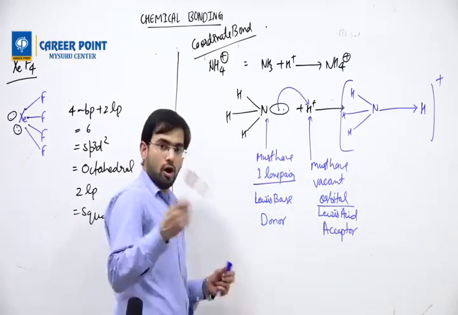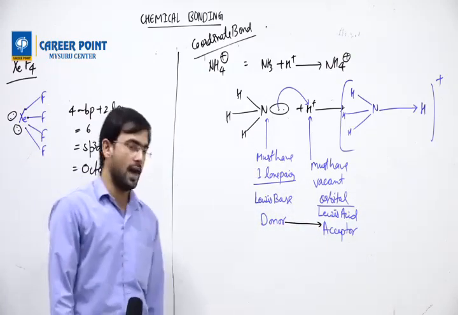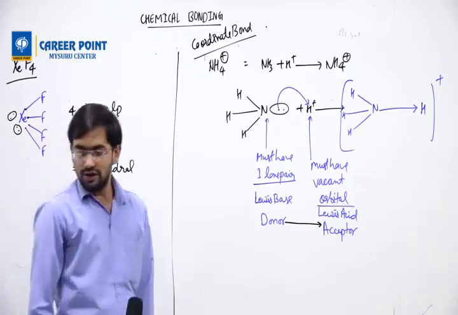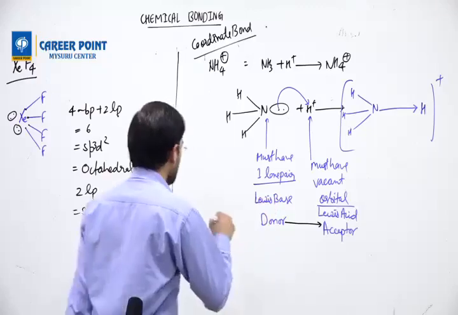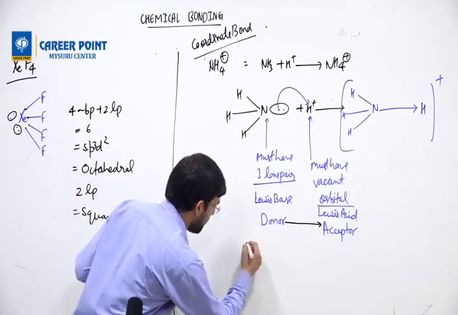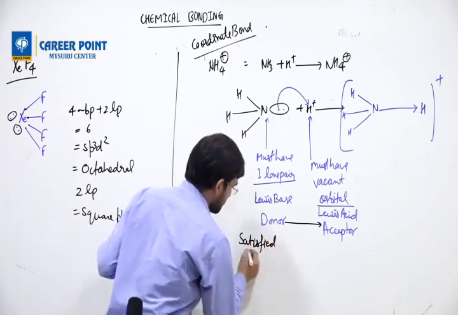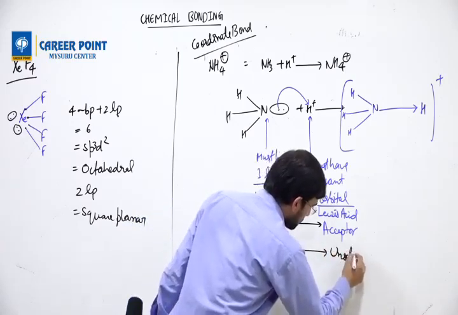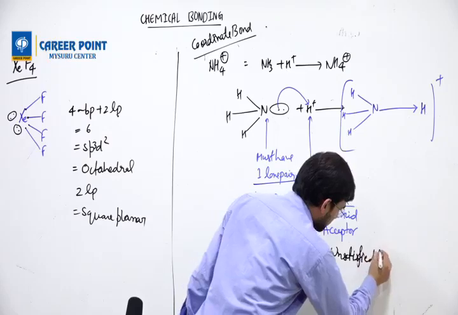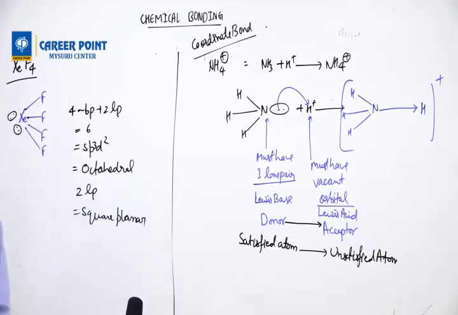Then an arrow is plotted from donor to acceptor atoms, and wherever a coordinate bond is required, it is drawn from a satisfied atom to an unsatisfied atom. Satisfied atom to unsatisfied atom, always coordinate bond is plotted.